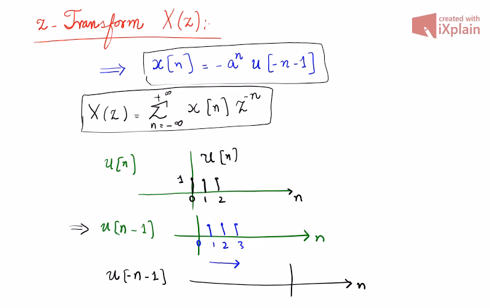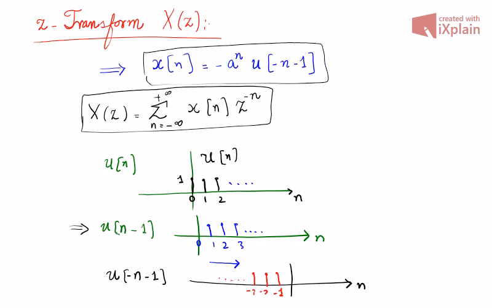This is still the n axis, and if I just take the mirror image, it's 1 at minus 1, similarly at minus 2, minus 3, and so on. So this is the sequence from minus 1 down to minus infinity. It means that minus a raised to the power n, u of minus n minus 1 will only be available for n from minus infinity to minus 1.